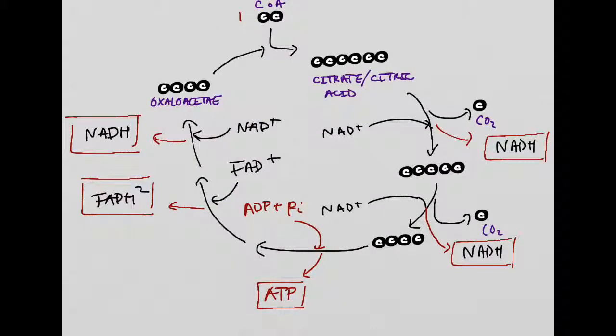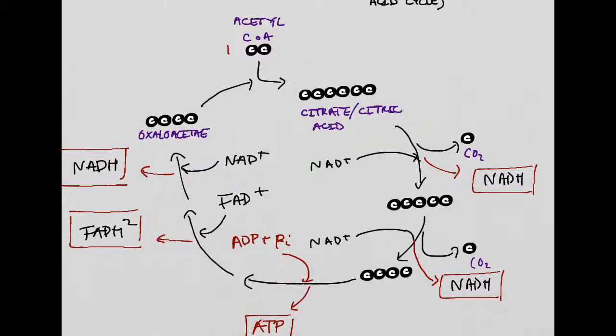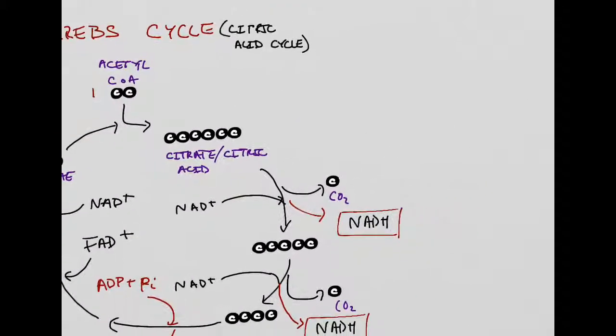Okay, so let's look at the cycle for a second and do some accounting. As you see here, we had one acetyl-CoA feed into the cycle, but you know that we have 2 for every molecule of glucose. So I'm going to go up here for a second.